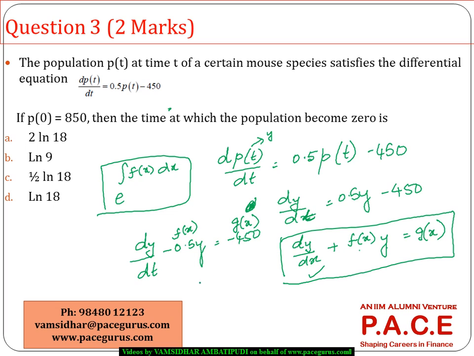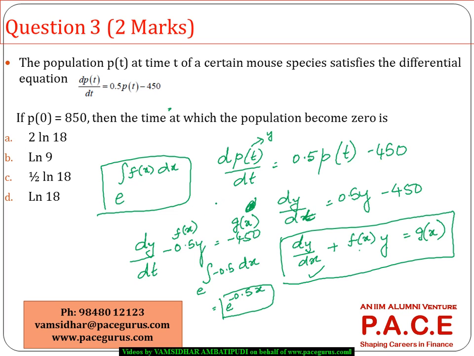So the multiplication factor for me will come out as e power minus 0.5 dx, which will come out as e power minus 0.5x to start off. So this is the multiplication factor to start off, right? E power minus 0.5x is the multiplication factor for this equation.